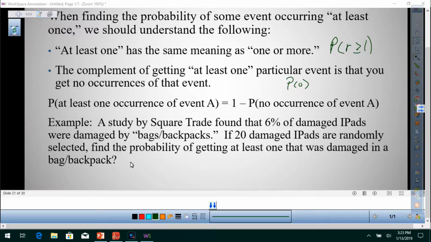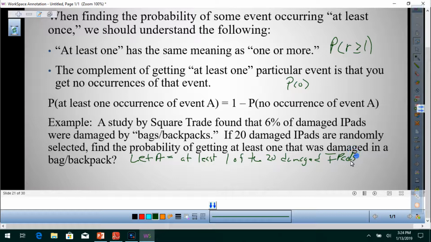So let A equal at least one of the 20 damaged iPads damaged in a bag or backpack.